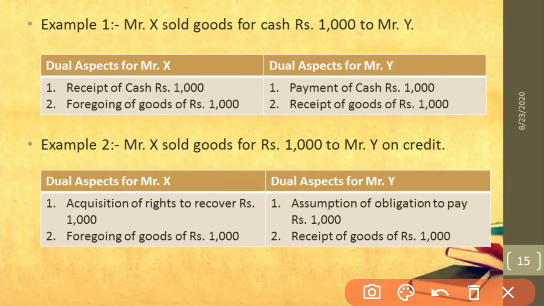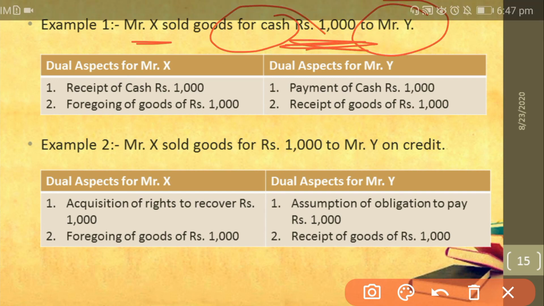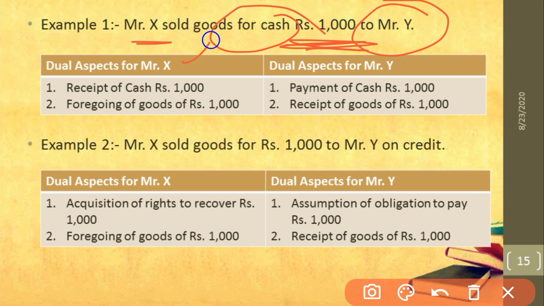See, over here I say Mr. X sold goods for cash of rupees 1000 to Mr. Y. Over here we have two parties, Mr. X and Mr. Y. Now I can see there's a double effect on both the parties.